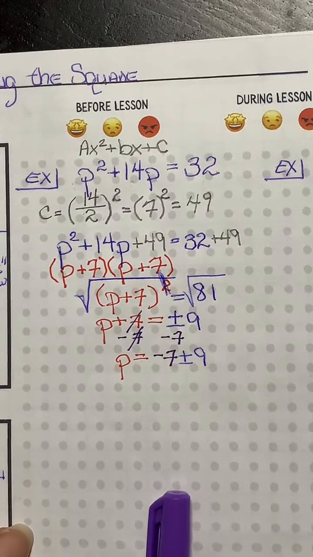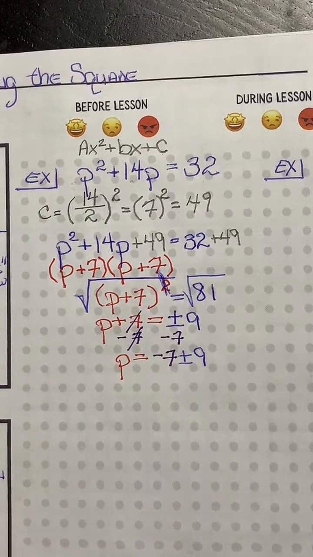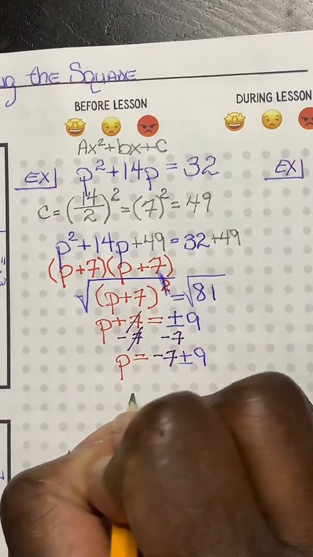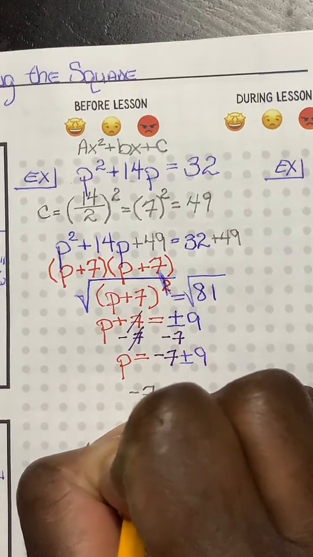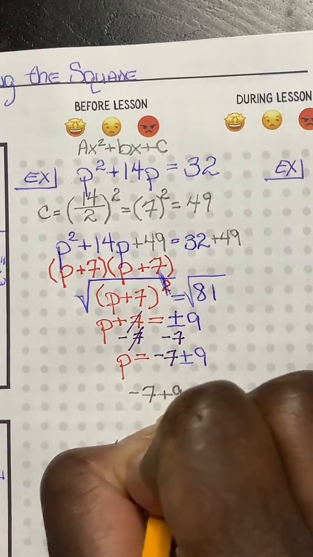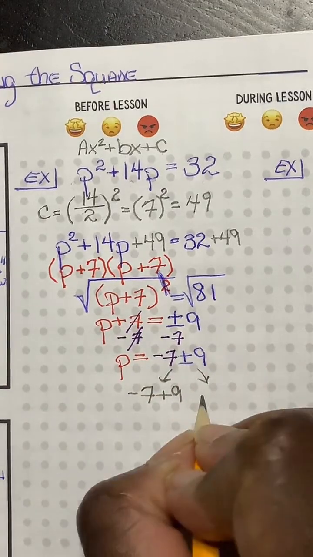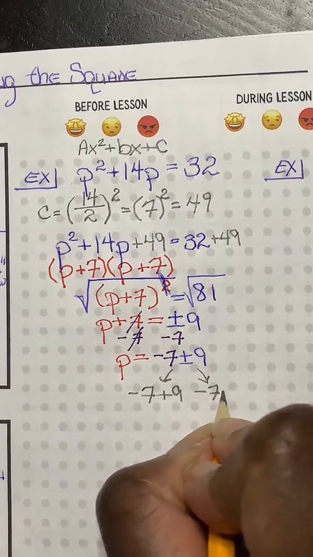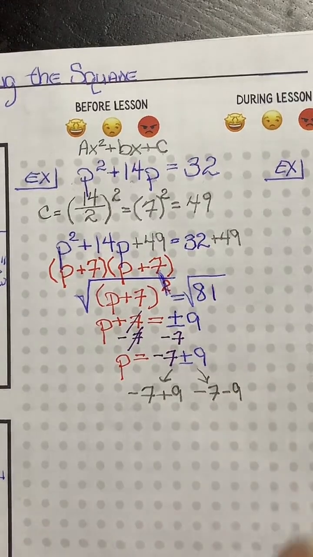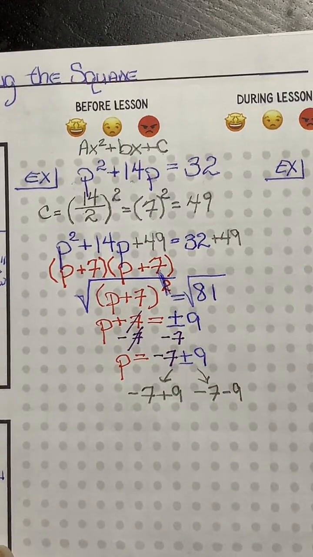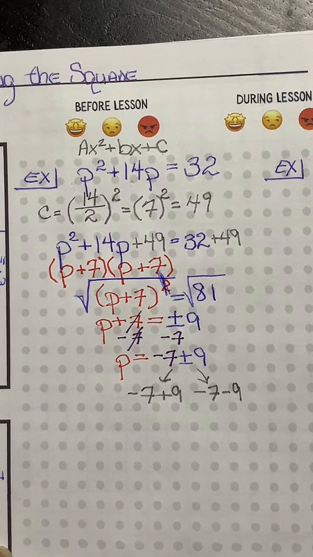So I'm going to get two answers. One of the answers is going to come from -7 plus 9, and another answer is going to come from -7 minus 9. All right.